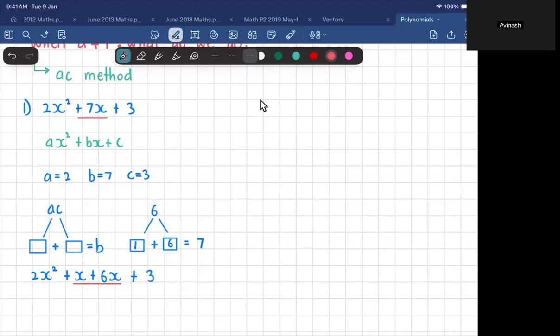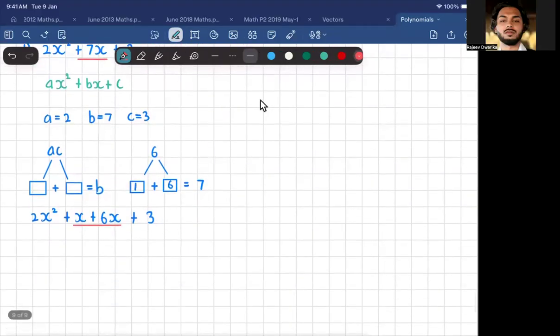Yes, sir. Great. The next thing we want to do is factorize by grouping. So to do this, you want to split the expression in half, and you want to see if on either side there's a common factor. So Avinash, if we look at 2x squared and x, is there anything in common between 2x squared and x?